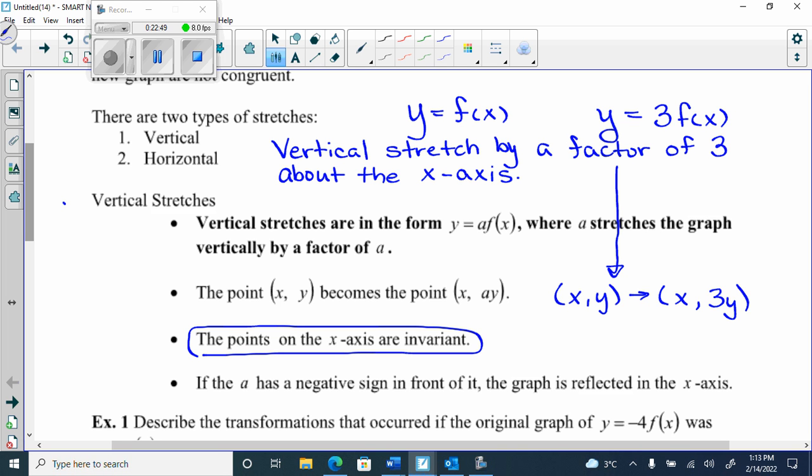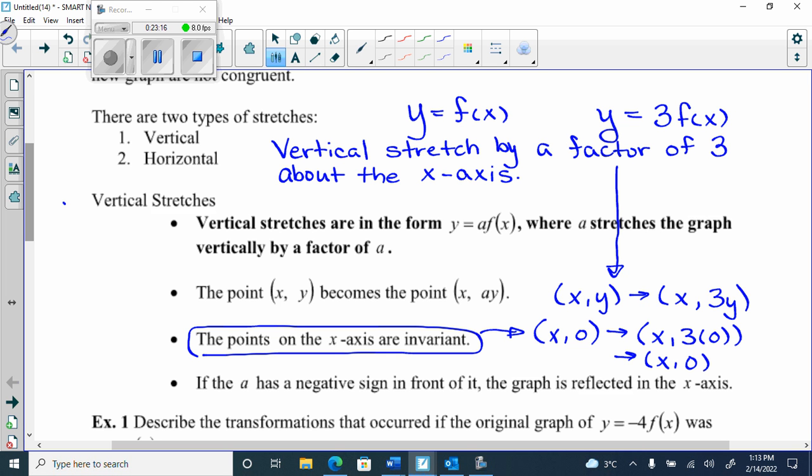It stays 0. So the points on the x-axis are invariant because they are (x, 0). And when I make (x, 3 times 0), it's still (x, 0). It didn't change, did it? So anything on the x-axis is going to stay the same when you're multiplying a y by a 0. So it's only the x-axis.